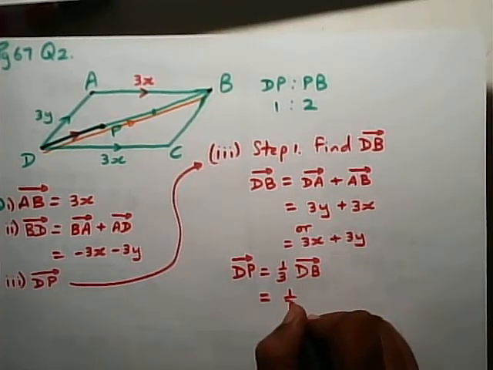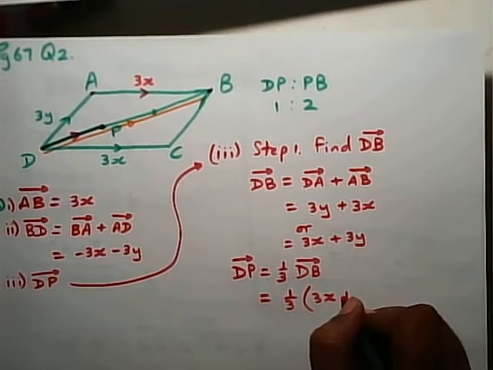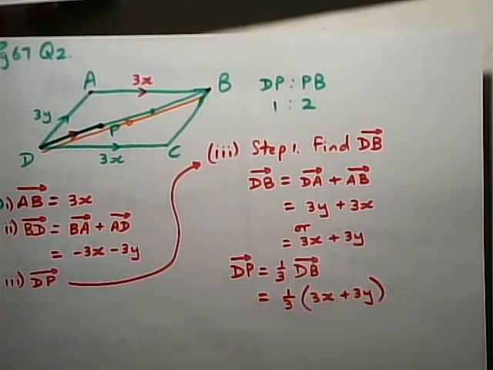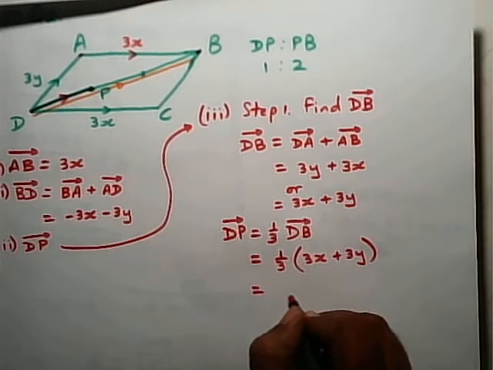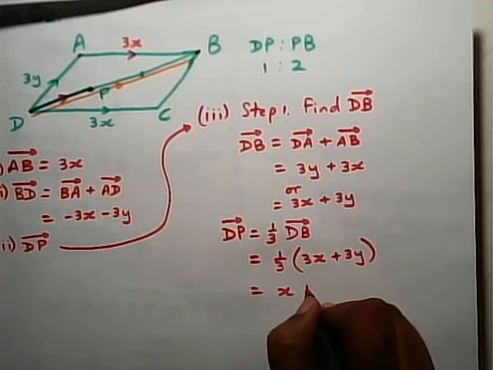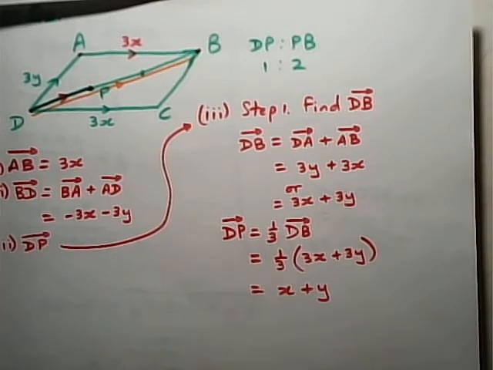It's one third of the 3x plus 3y. And that turns out to be 1/3 times 3x gives you x, and 1/3 times 3y gives you y. That's your answer for part 3.